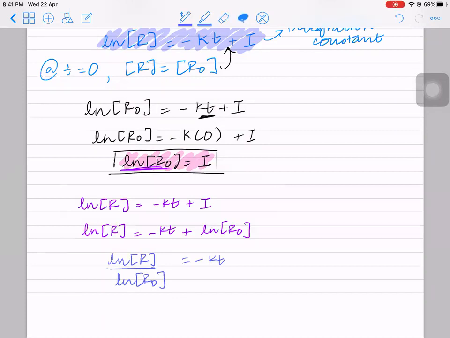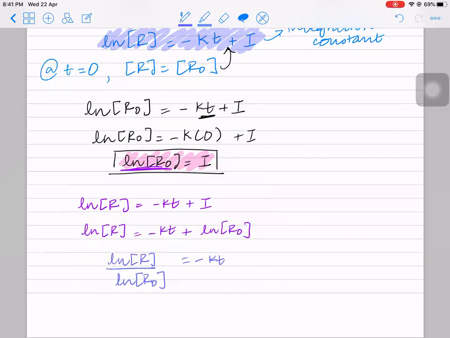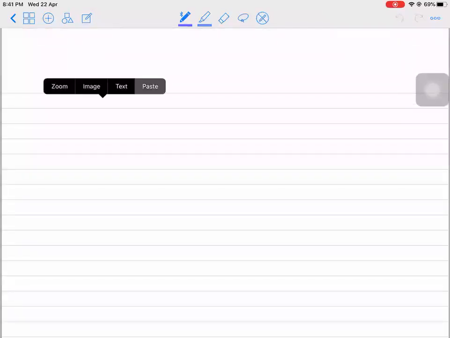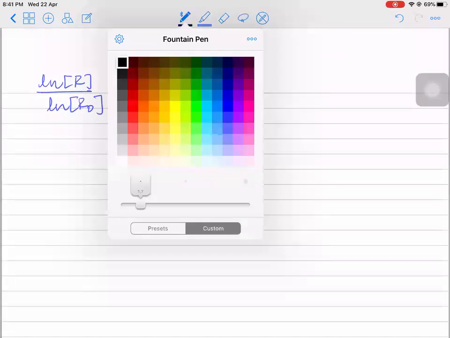One second. I'm just going to take this equation and move on to the next page. Okay. So I have this, and now I want to make k the subject. So when I make k the subject, it will give you k is equal to natural log R naught upon R, times 1 upon t, right?